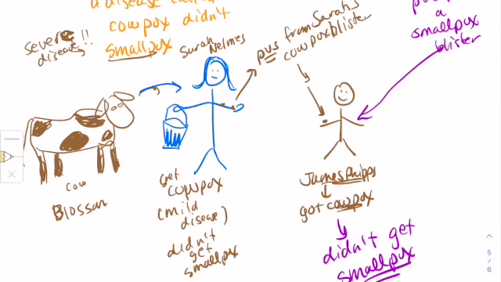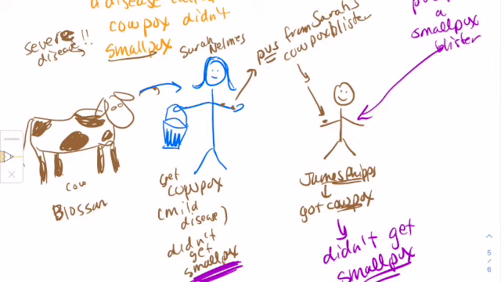So they got something that was related to smallpox. Cowpox is a similar disease to smallpox. And something about getting cowpox caused the immune system to make antibodies against it that also worked against smallpox.